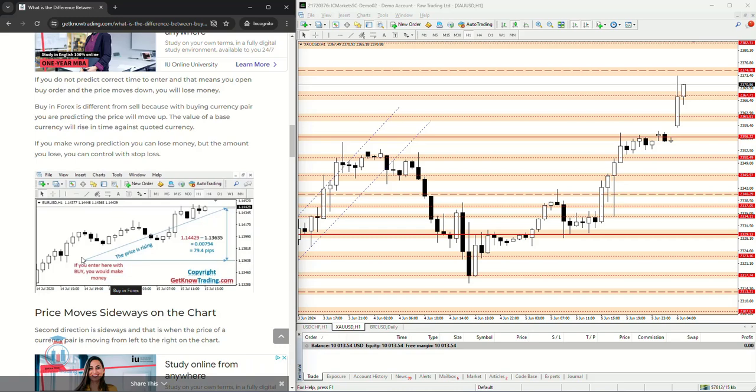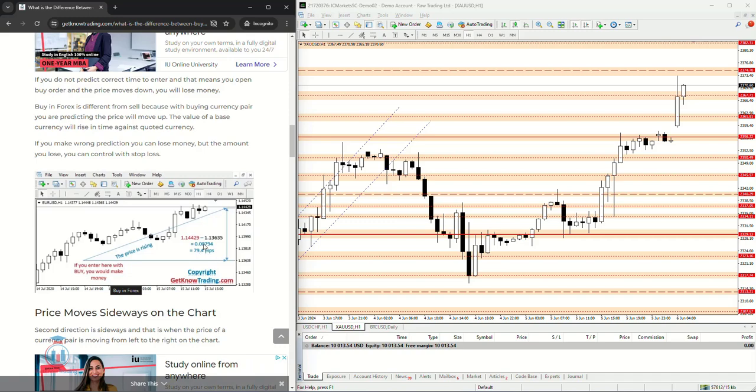And from here, if you enter into the trade, you expect that the price will go up, and that means the price is rising. So when the price reaches, for example, 1.14429, you can exit from that trade. And if you exit from that trade, you would earn 79.4 pips.